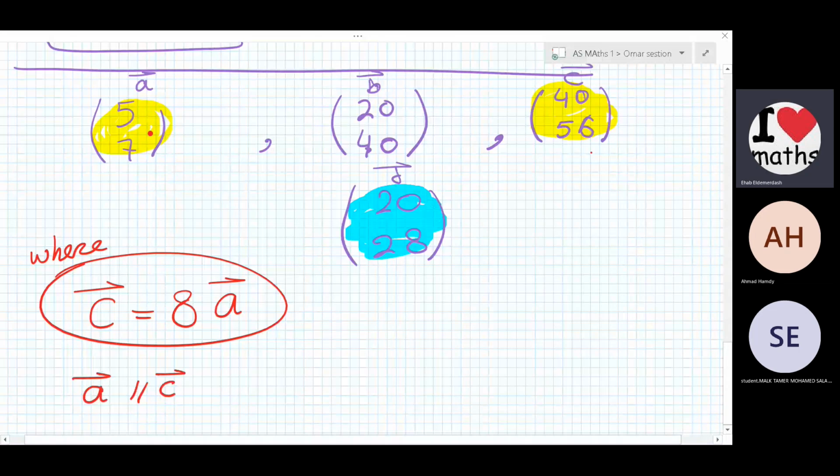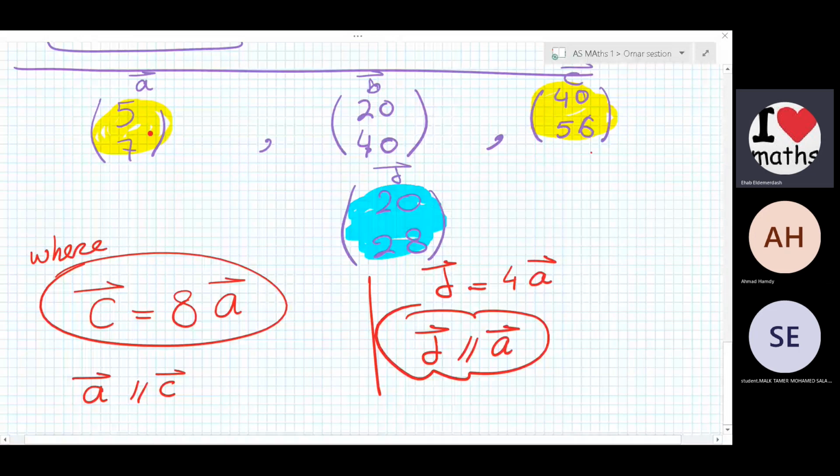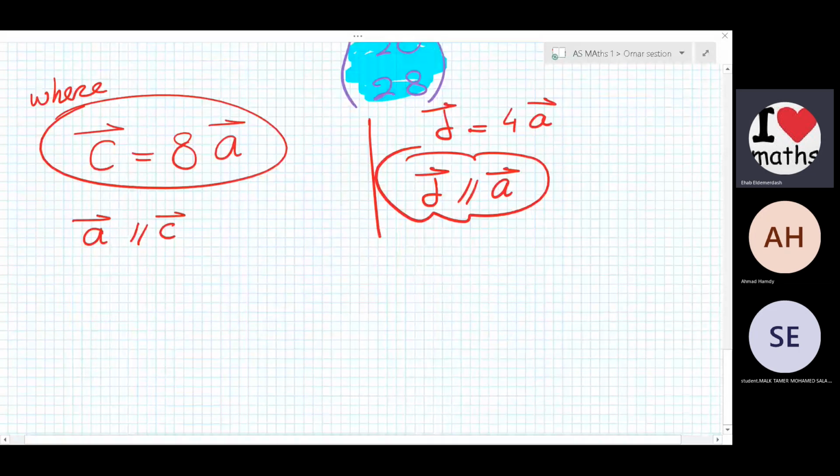This vector is equal to what, guys? It was vector A, right? Or am I wrong? Here the two vectors are parallel. Are we clear on that? Now look between D and C. Here this vector D was 20 and 28. And the other vector, called C, was 40 and 56. Have a look. Who can tell me, are they parallel or not? Yes. Of course, vector A and C are parallel.